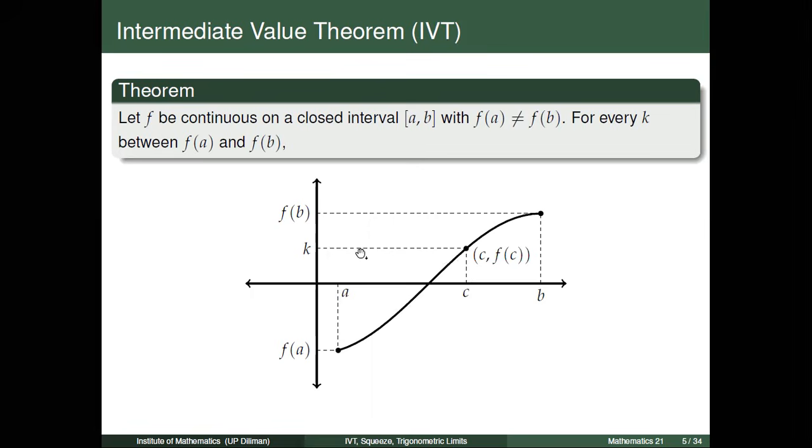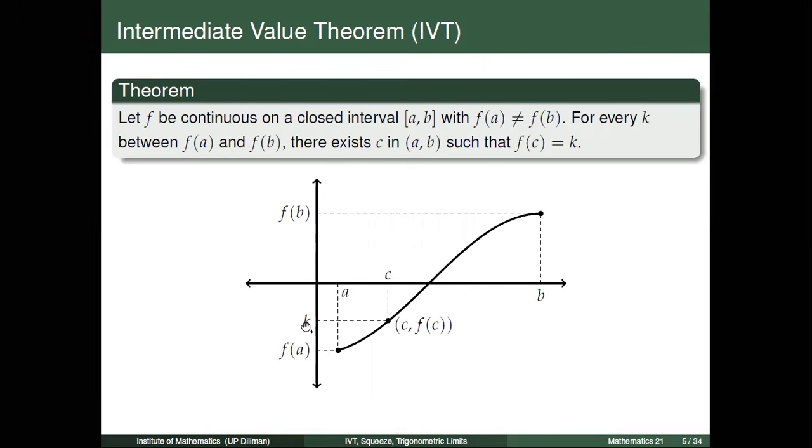And that is the conclusion of the intermediate value theorem. For every k between f of a and f of b, there exists c between a and b such that f of c equals k. And this is true no matter what the value of k is. For instance, for this other value of k, we have this corresponding value of c, for which f of c equals k.